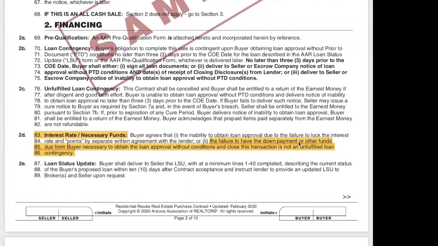Where you'll see this come into play quite often is if the buyer spends some of their reserve money, and that's not an unfulfilled loan contingency. You still have to have the reserves. It changes your interest rate, which changes the payment available, which makes the loan undoable. But it is because the buyer had done something wrong.